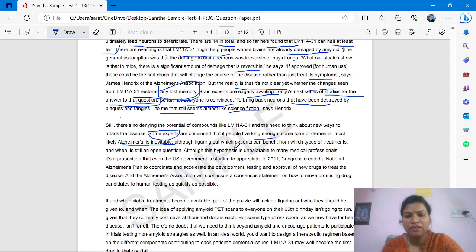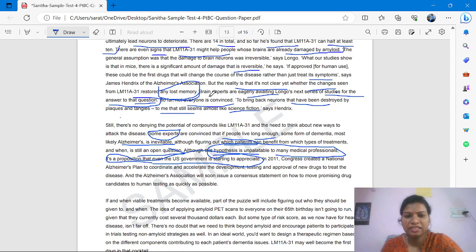Although figuring out which patients can benefit from which types of treatments and when is still an open question, this hypothesis is unpalatable to many medical professionals. It is a proposition that even the US government is starting to appreciate.